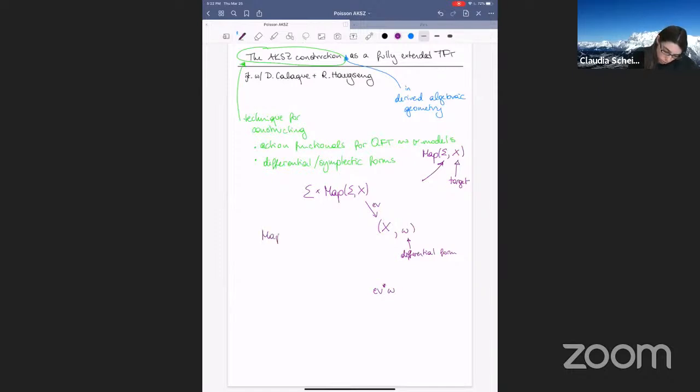So what we will want to do is we will want to push forward along the projection. So this push forward here, you should think of as an integration. And so we need sigma to be oriented of some sort. We want to be able to integrate.